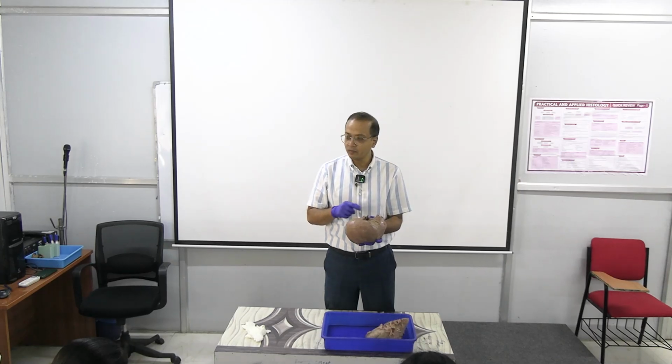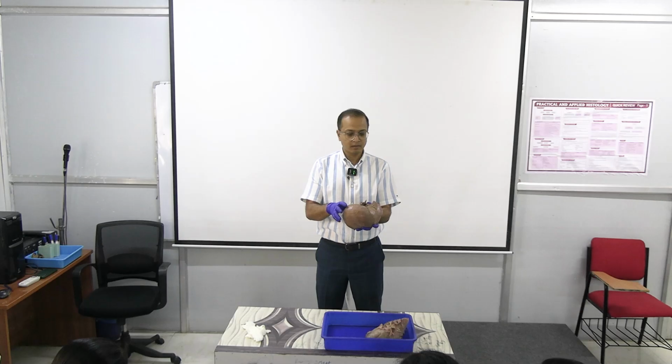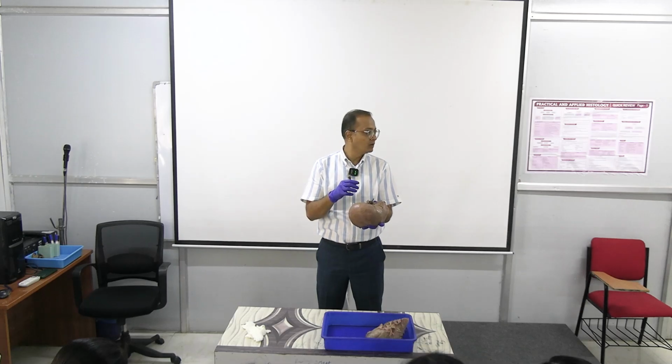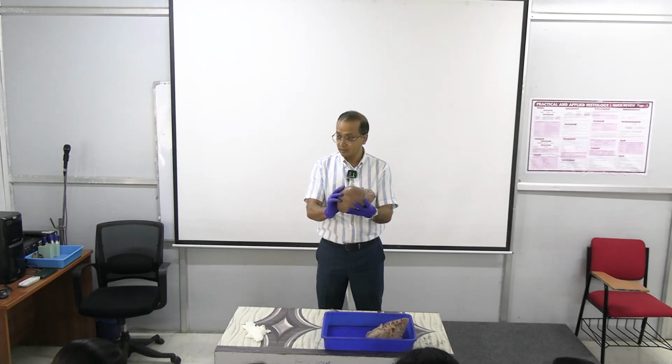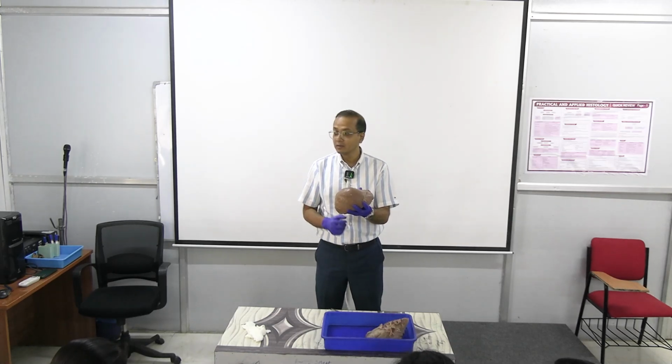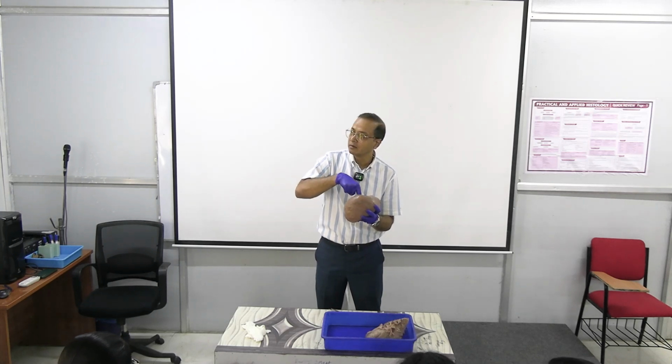So this groove for the inferior vena cava has to be placed vertical. Is it vertical? How do I make it vertical? Do I have to tilt it towards me or towards you? Towards you, towards me. So it is dropped, that means it is vertical now. So you have to make this lumen vertical.